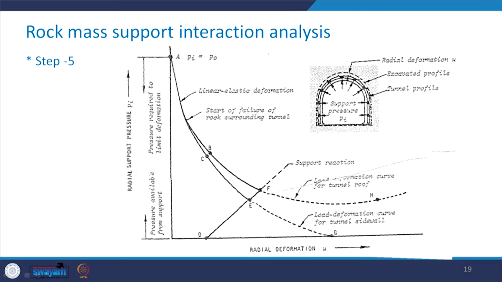So, see here, finally what we will get for the roof portion is this kind of ground response curve, and in case of the side wall, this is going to become equal to 0. Why? I just explained it to you.